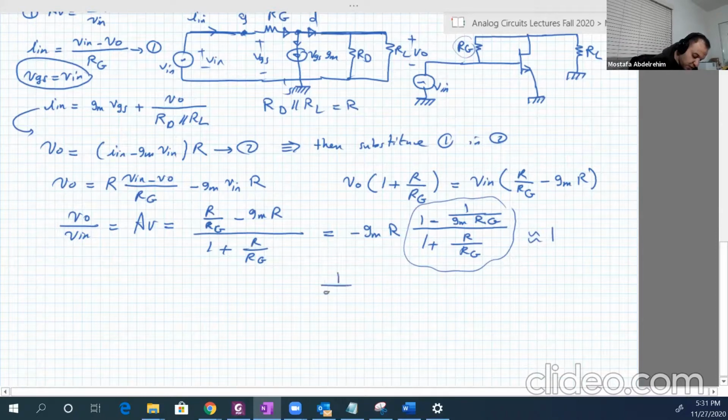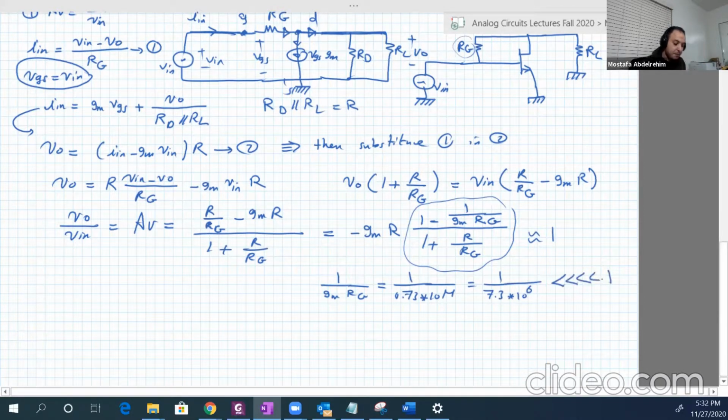First, 1 over GM RG is 1 over 0.73 multiplied by 10 mega ohm. So it's just 1 over 7.3 million. So this is basically much less than 1.